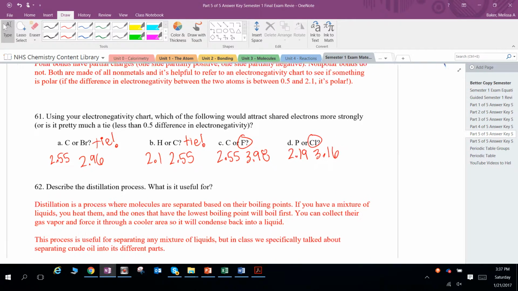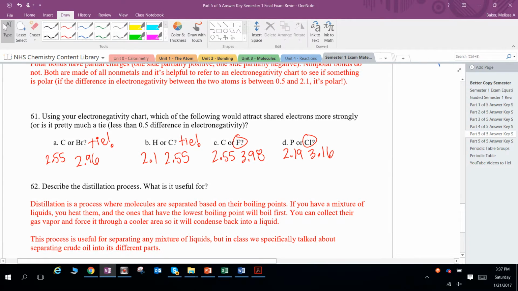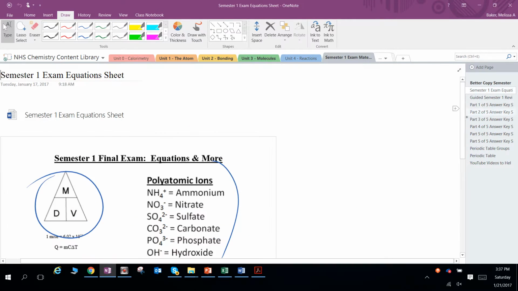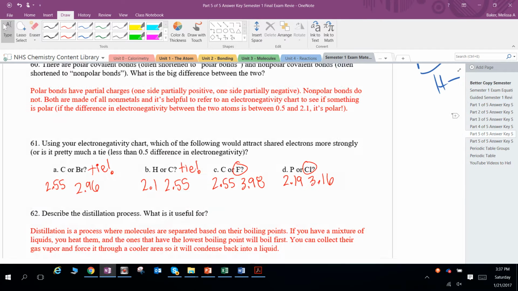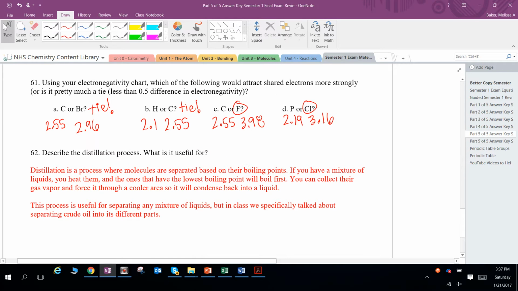So you're going to have an electronegativity chart on your exam. I forgot to put it in the equations sheet, which I will. And you'll be able to look up the numbers and see, okay, what's the difference between these two? Like this one has a difference of 0.41, so that's less than 0.5. That means that's not going to be a polar bond.